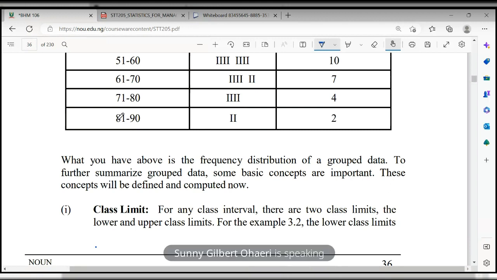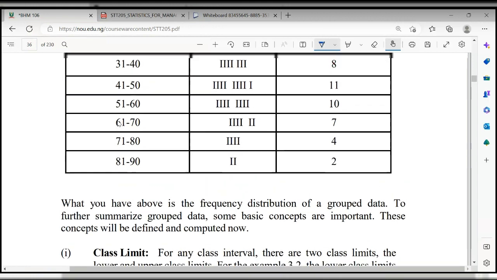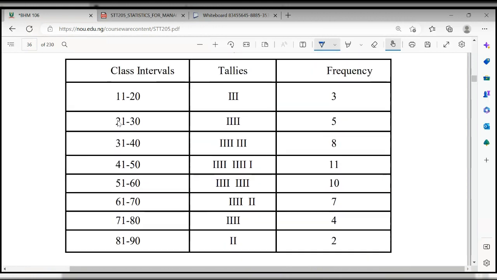Is it this particular interval? Yes. Because we left 11 to 20 and come to 81 to 90, and in 11 to 20 I'm seeing 3, then in 81 to 90 I'm seeing 2. I don't understand those two figures. I'm talking about class limits.